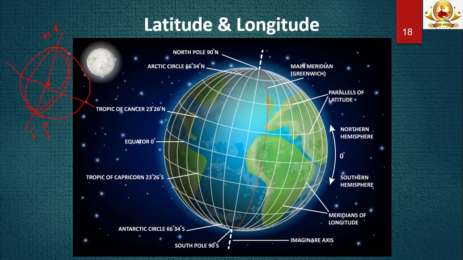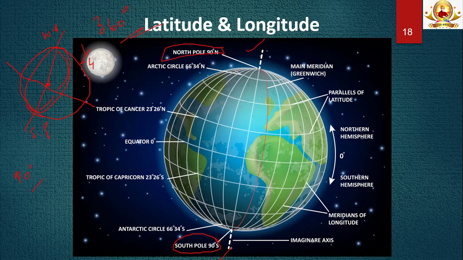So this is a complete circle, then this is 1/4. A complete circle is 360 degrees, so 1/4 will represent 90 degrees. Therefore the north and the south pole represent 90 degrees. North pole is 90 degrees north because it is in the north, and south pole is 90 degrees south because it is in the south direction, or we can say northern hemisphere and southern hemisphere.